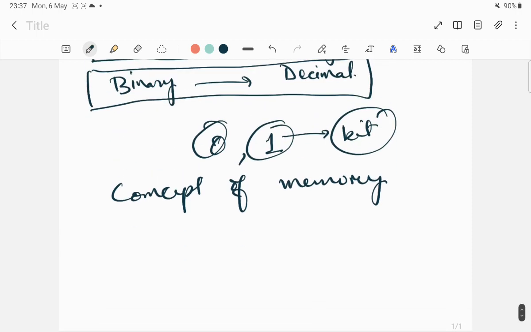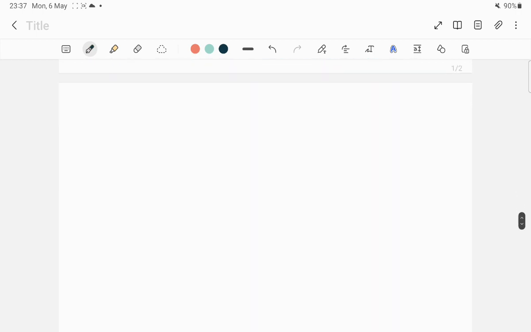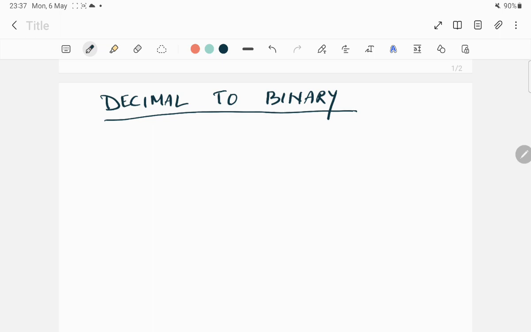So let us start with the conversion, decimal to binary, with a very simple problem. A decimal number can be anything: 0, 1, 2, 3, 4, 5, 6, 7, 8, 9, or any combination of these 10 digits.